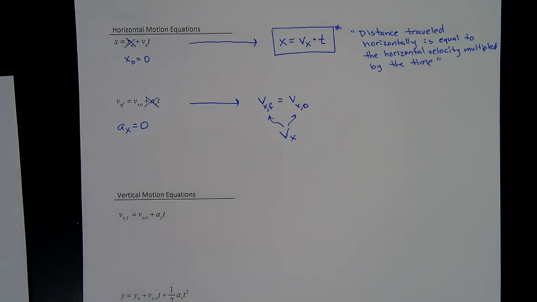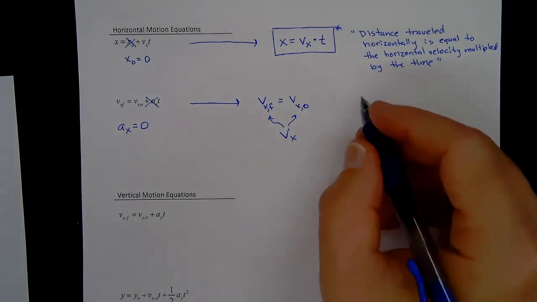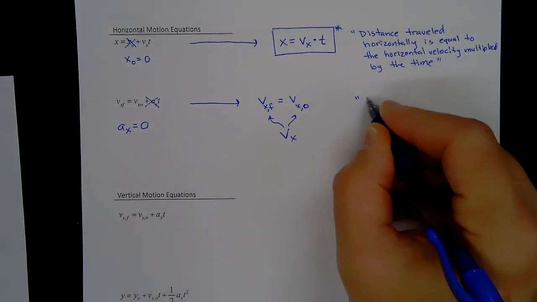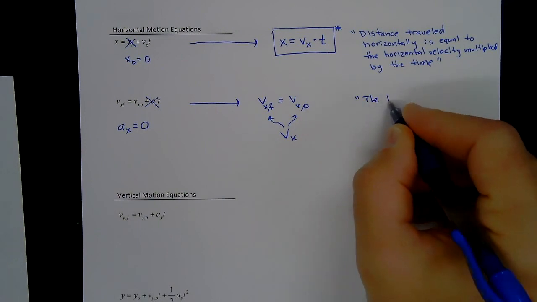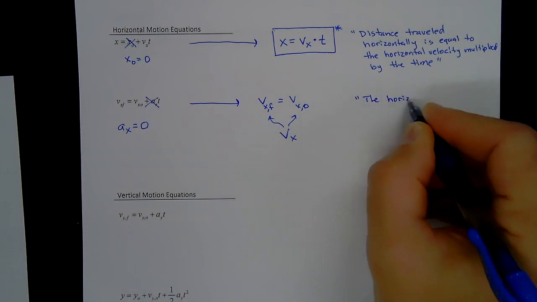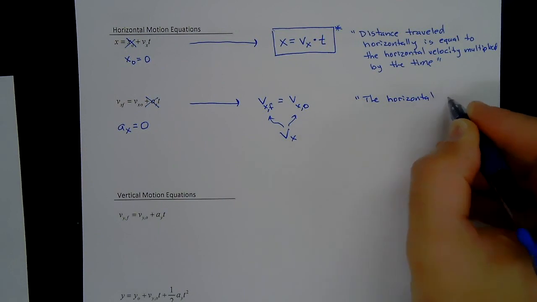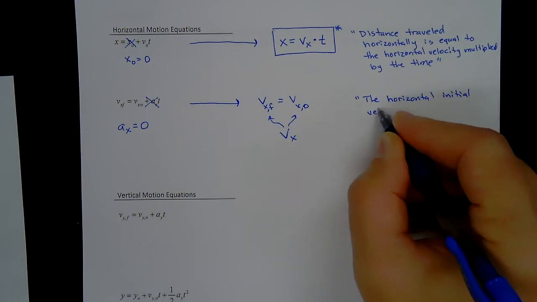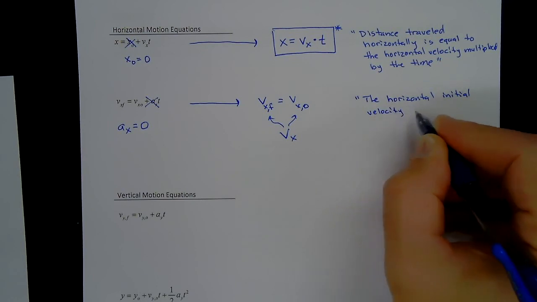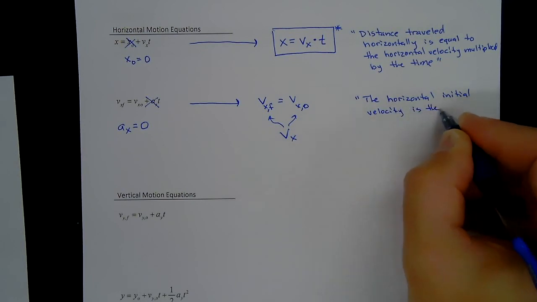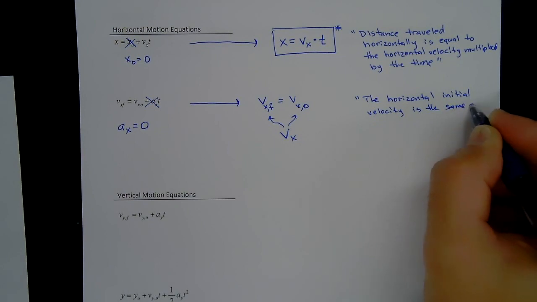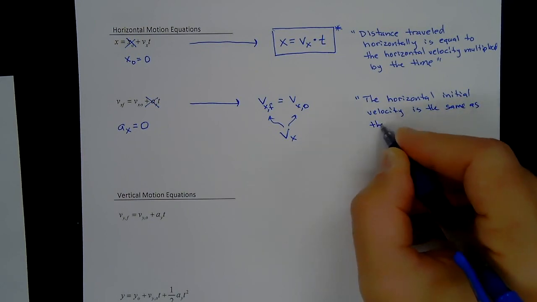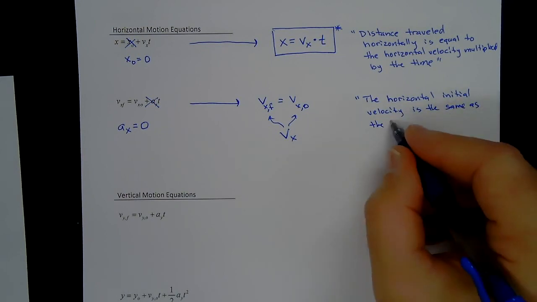So what this is saying is the horizontal initial velocity is the same as the horizontal final velocity.